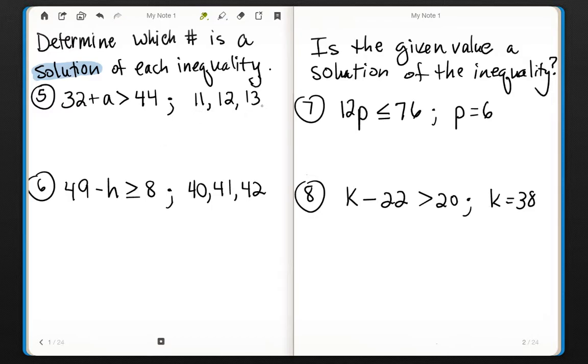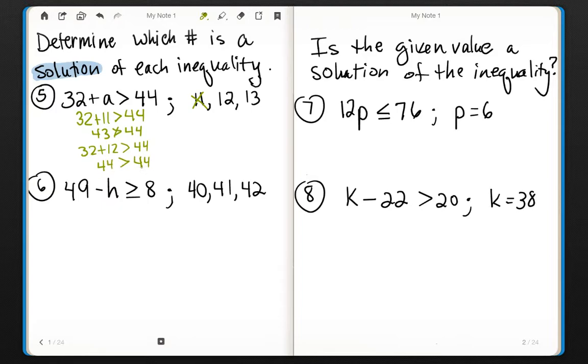We're going to check each of these. Let's first try 11. 32 plus 11, we want to see if it's greater than 44. If we add those, we get 43. Is 43 greater than 44? No, so 11 didn't work. All right, let's try 12. 32 plus 12, we want to see if it's greater than 44. So I add and I get 44.